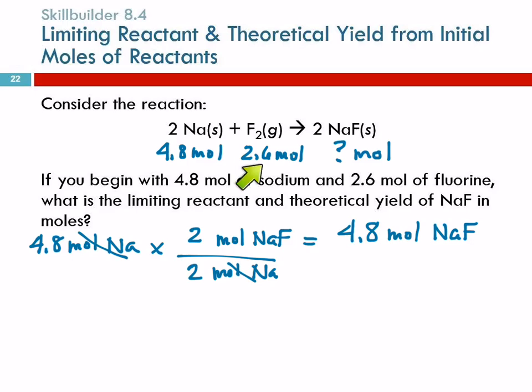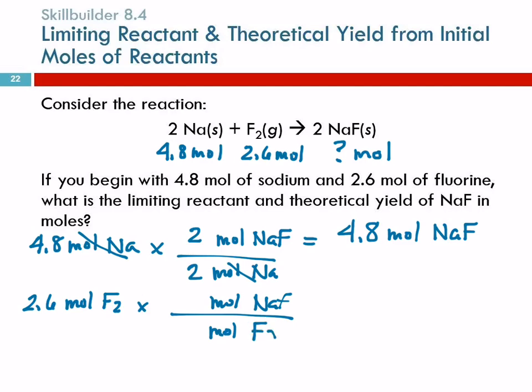Now we have to take the other reactant and do a similar calculation. It's 2.6 moles of fluorine. And again, we're going to multiply by moles of product and divide by moles of that reactant. And again, for the mole-to-mole ratio, we look at the balanced chemical equation.